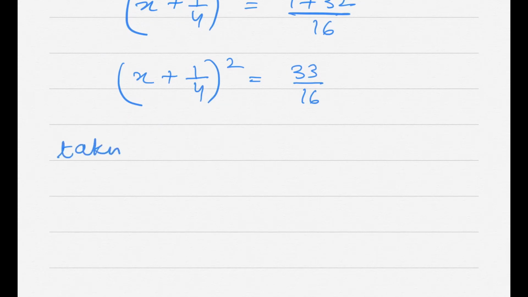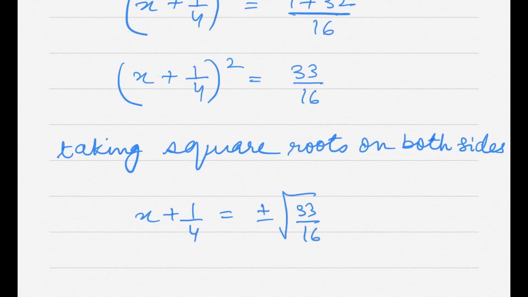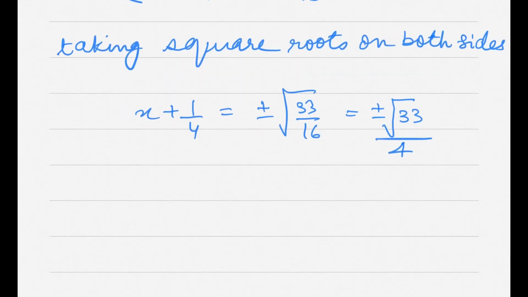Okay, now taking square roots on both sides, I will have x plus 1 by 4 is equal to plus minus root of 33 by 16, or I can also write plus minus root 33 in the numerator, and the denominator would be 4 because that's a perfect square.